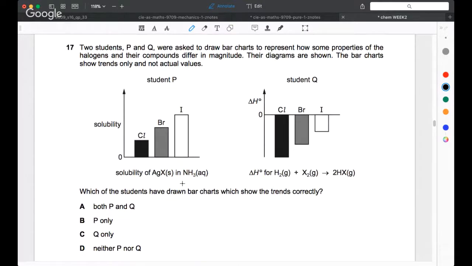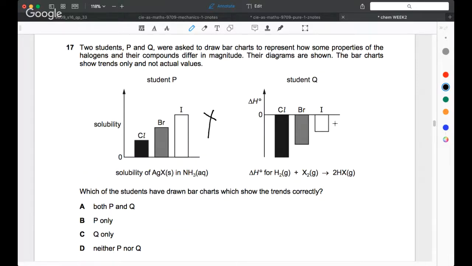Solubility. Silver iodide is insoluble in NH3, and AgCl is soluble, while the other is semi-soluble. So this is incorrect.